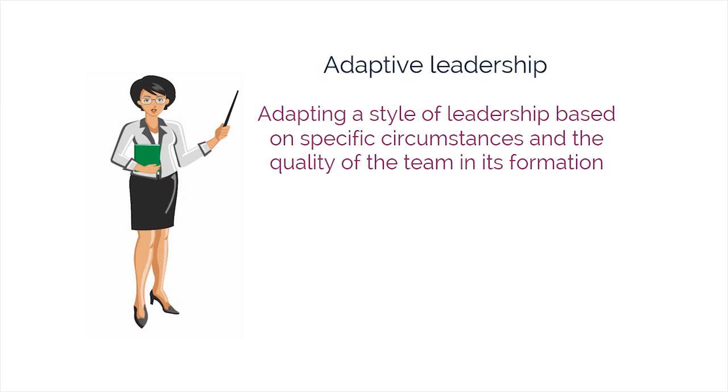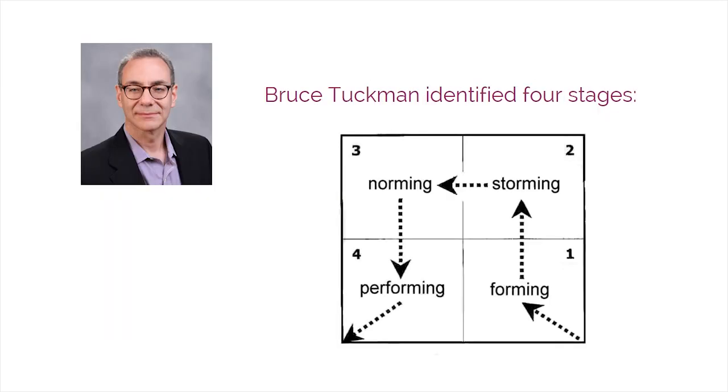The first one is adaptive leadership. It refers to adapting a style of leadership based on specific circumstances and the quality of the team in its formation. Bruce Tuckman identified 4 stages that typically follow team formation, that is, forming, storming, norming, and performing.